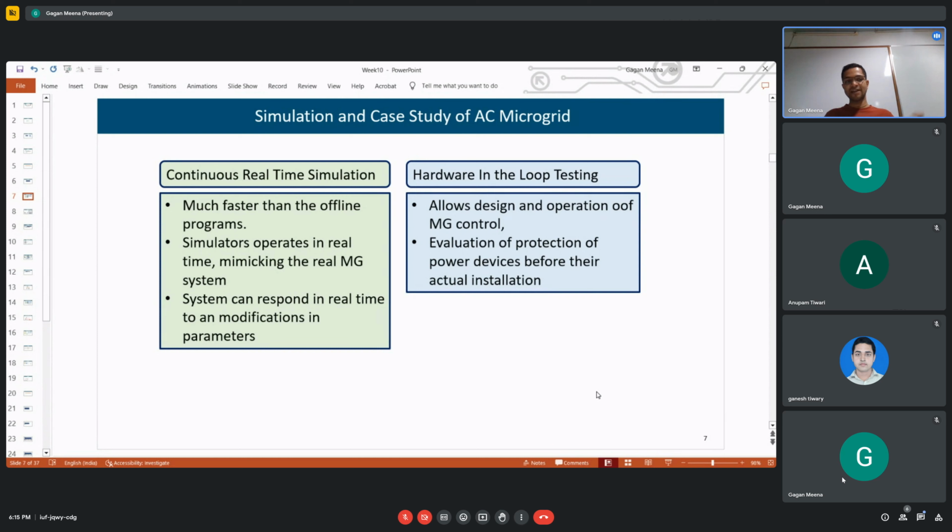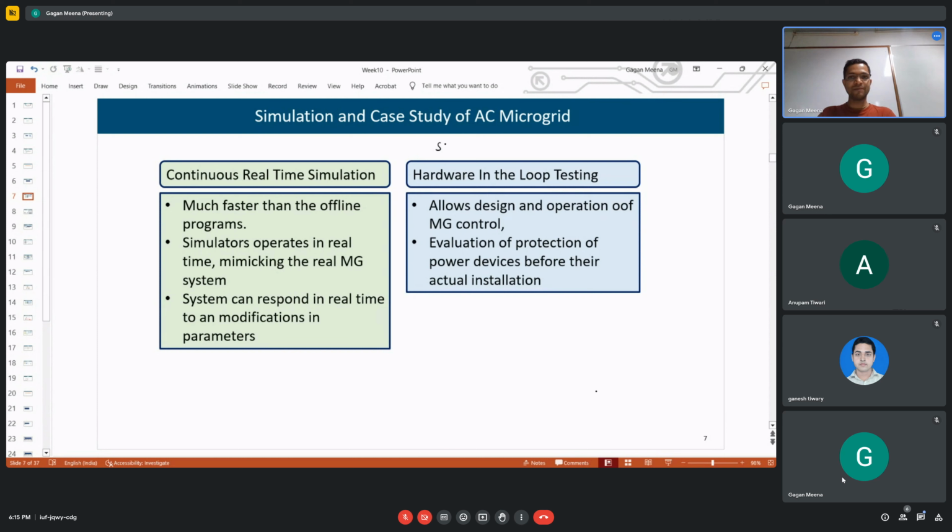We connect actual hardware, not just software. So we can have a small solar PV, a wind turbine also, a small DFIG. We can have a storage, lithium-ion energy storage.